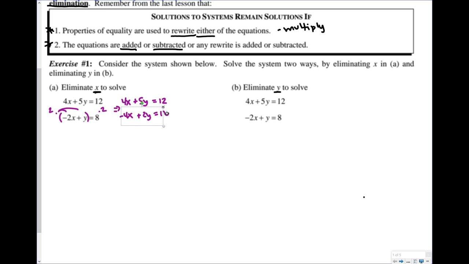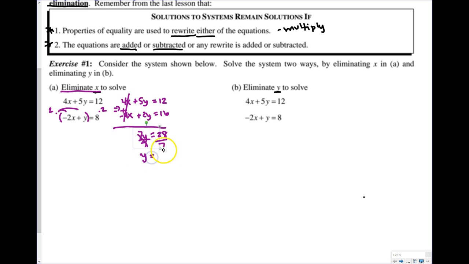Notice that now the negative 4 and the 4 are opposites. So when I add these two equations together, the x terms are eliminated, and I get 5y plus 2y to give me 7y, and 12 plus 16 to give me 28. Now that I've eliminated x, which is what the directions told me to do, I can solve for y.